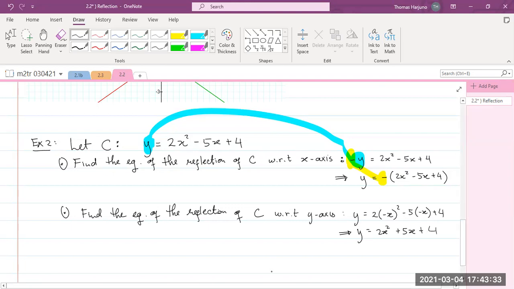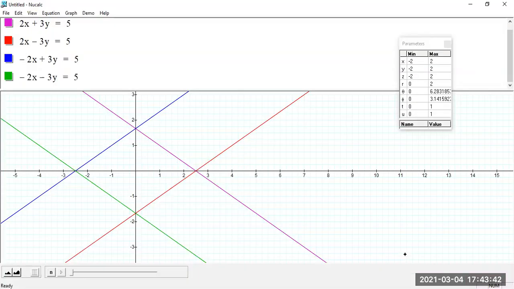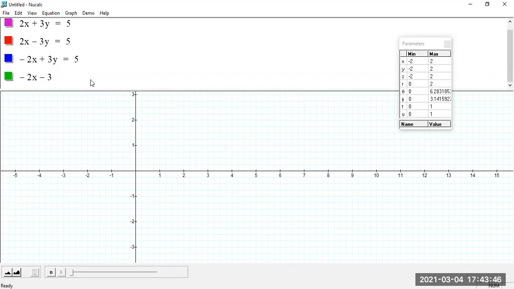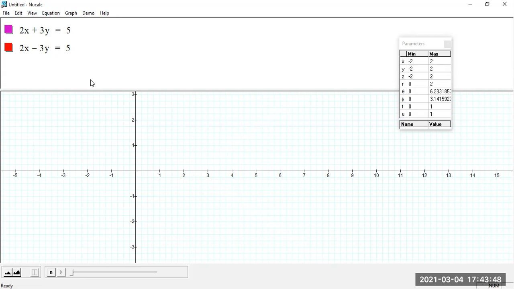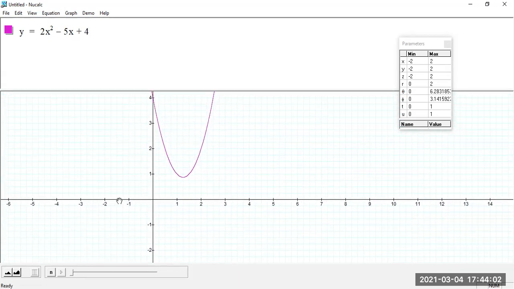Okay, now let's see those two equations first using our graphing software. Have y equals to 2x squared minus 5x plus 4. That's what it looks like. Oh, that's what it looks like. It's not even crossing x-axis.